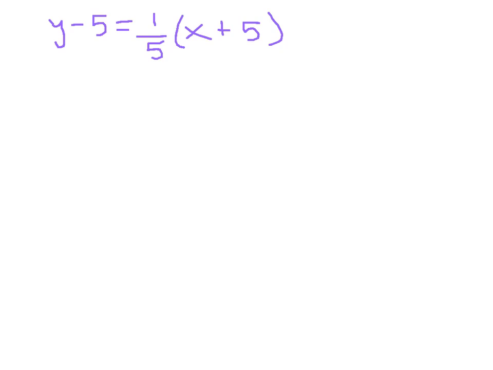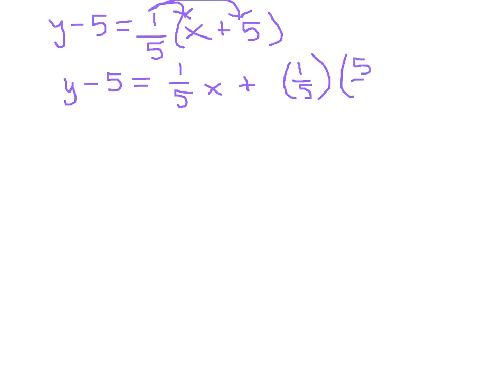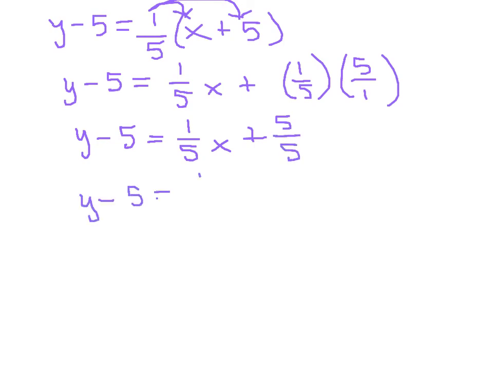Now we need to distribute our 1/5 to both those terms, and that gives us y minus 5 is equal to 1/5 x plus 1/5 times 5/1, which is plus 5/5, which I can say is y minus 5 is equal to 1/5 x plus 1.